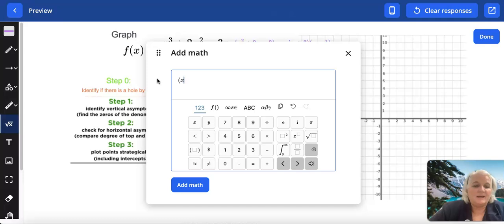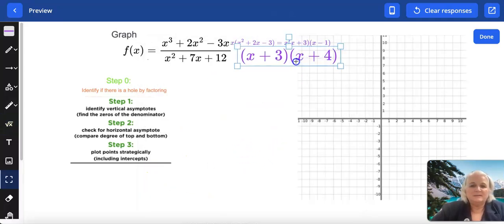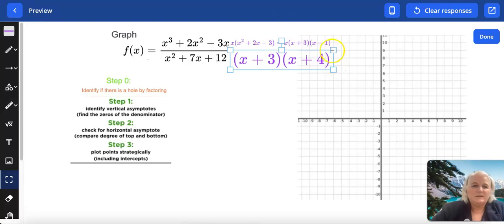So this is going to be x plus 3, and it can be x plus 4 first, it doesn't matter, x plus 4. And so that is factored. And I'm going to put that next to my denominator, right underneath here.